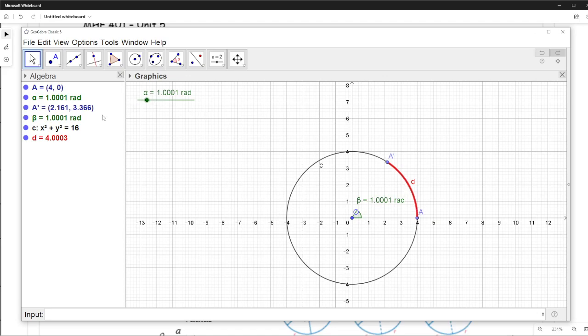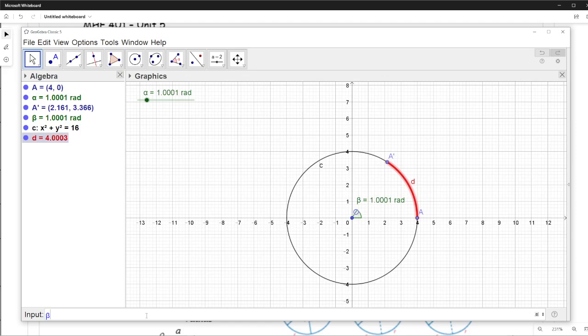And you can see that the arc is basically exactly 4 units long, because the radius of this circle is 4. So if you walk 1 radius going around the outside, 1 length of radius is equal to 1 radian, and hence the name, right?